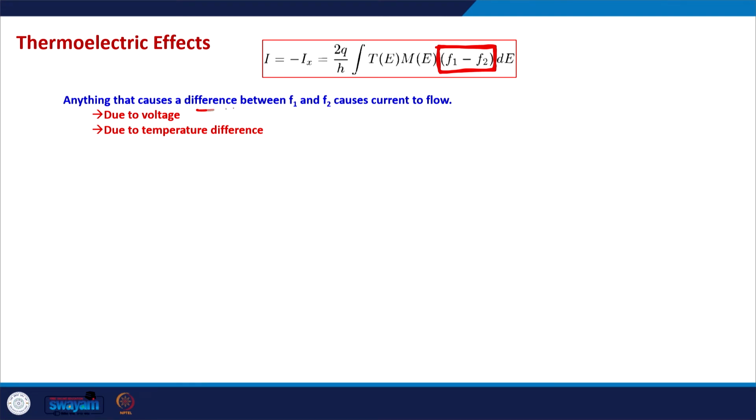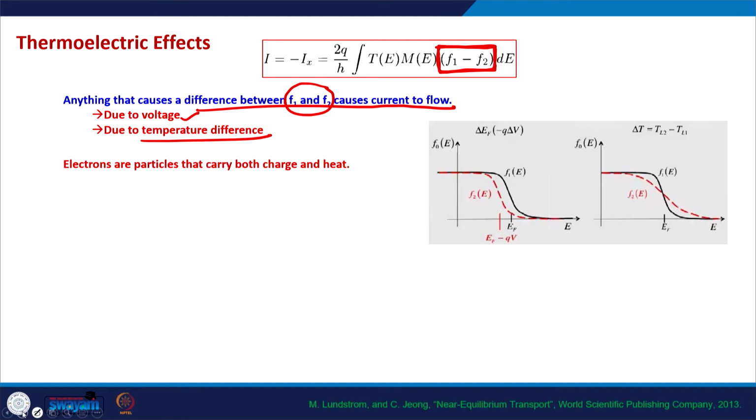Anything that causes a difference in F1 and F2 can cause a current to flow, and F1 and F2 can be different because of the voltage difference and also because of the temperature difference. So let's quickly have a look at how the Fermi function depends on voltage and how it depends on temperature.